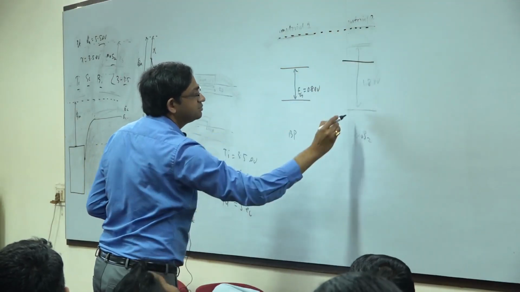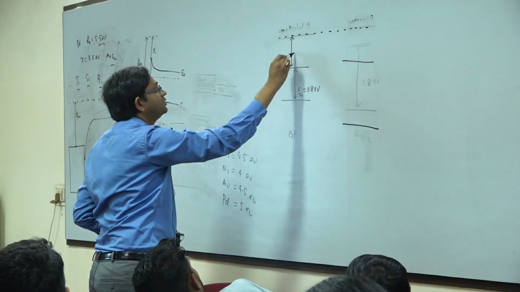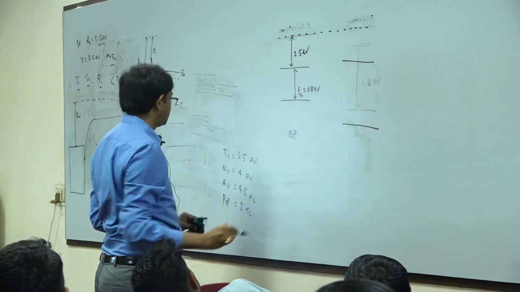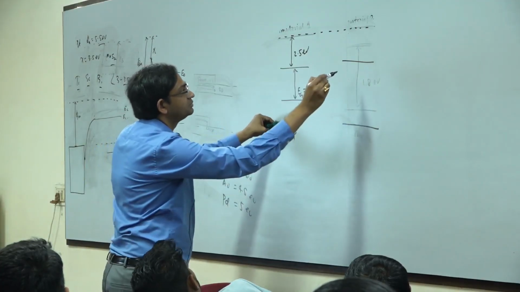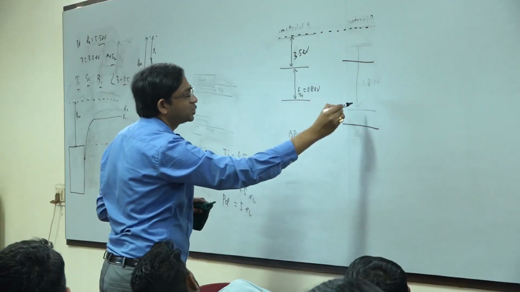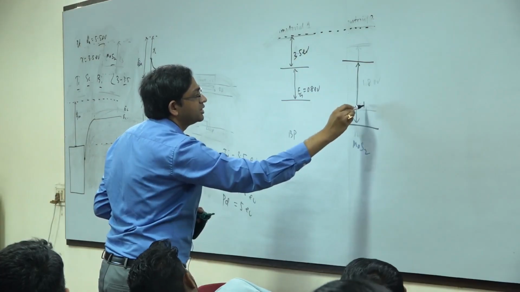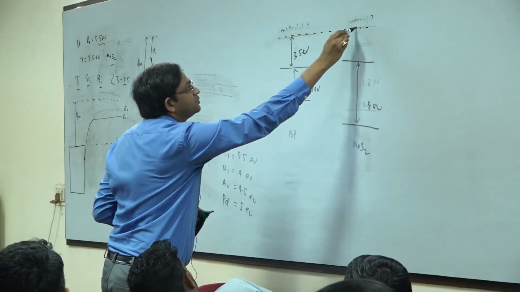They are very much the same, and here it is different, and let's say this is 2.5 eV. Let's put it as 3.5 eV. I'm just making up some numbers. This is just a quiz. And this is 1.8 eV. This is also 3.5.